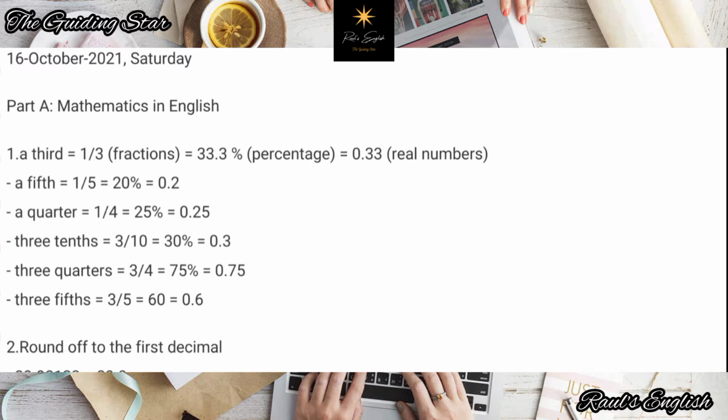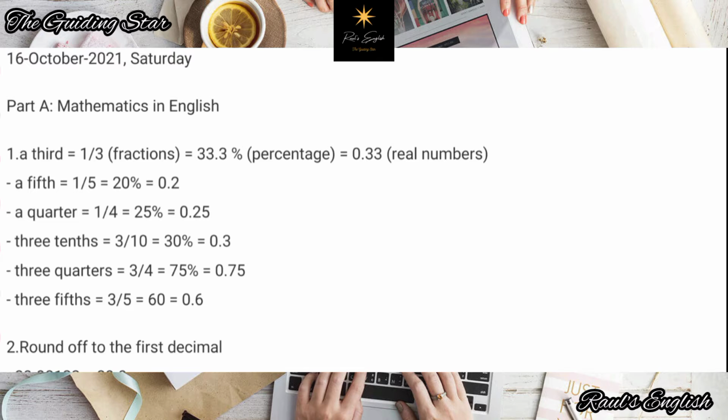You should be able to use all these expressions in sentences now. A fifth, and you will hear them commonly being used. A fifth is 1 over 5 or 1 by 5, 20%, 0.2. A quarter, 1 by 4, 1 over 4, 25%, 0.25. 3 tenths, 3 by 10, 3 over 10, 30%, 0.3. 3 quarters, 3 over 4, 75%, 0.75. 3 fifths, 3 by 5, 60%, and 0.6.